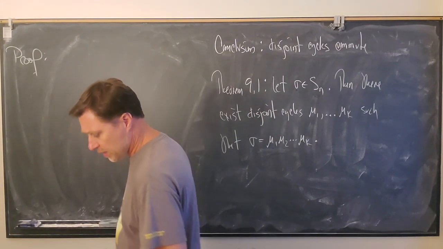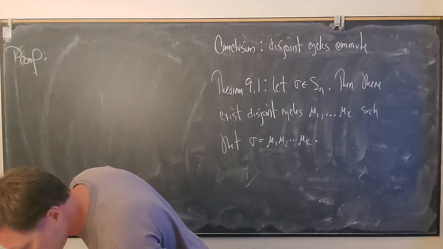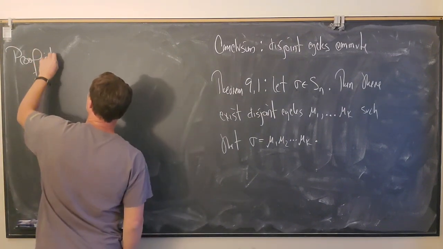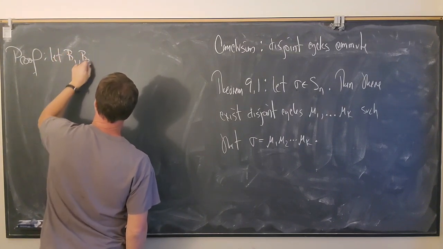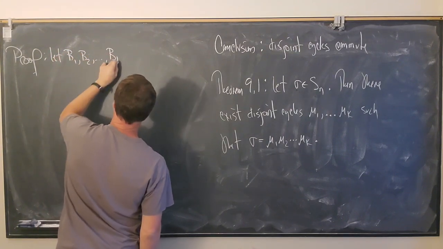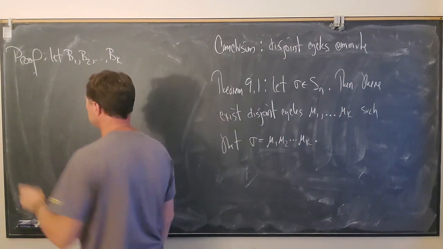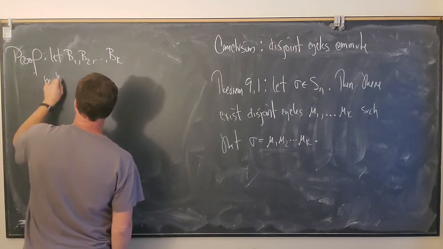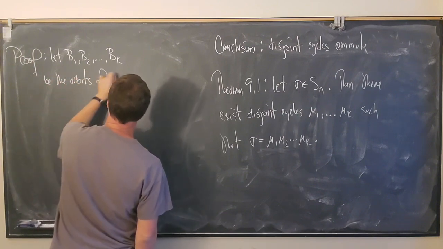So here's the idea. Let B1, B2 up through B sub K be the orbits of sigma.